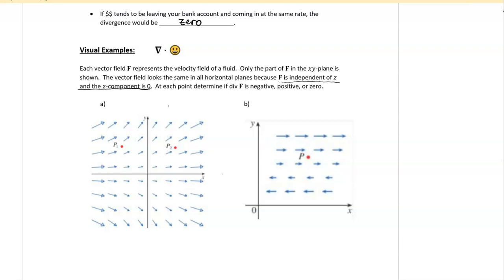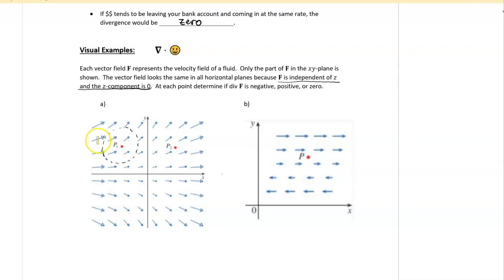If we're going to take a look at P1 first on our example for A, I'm going to draw a little circle around here. We need to think about the vectors going in.